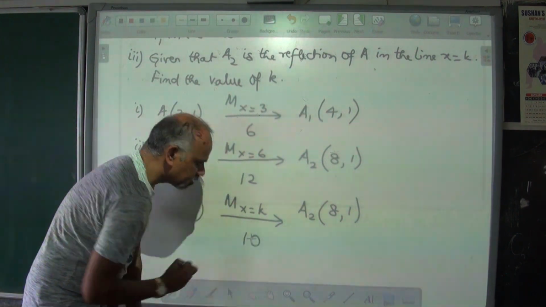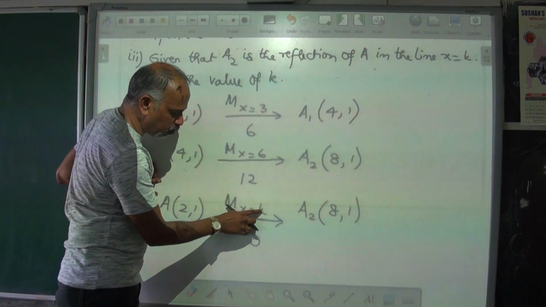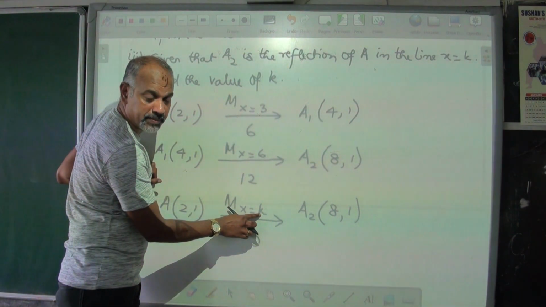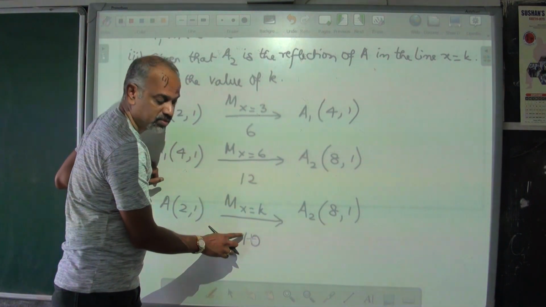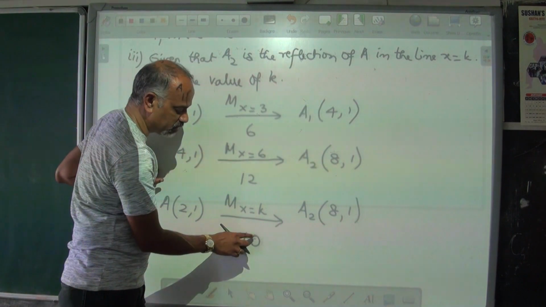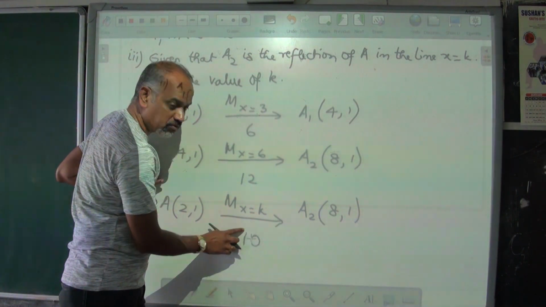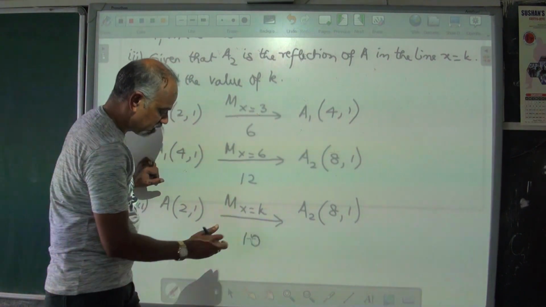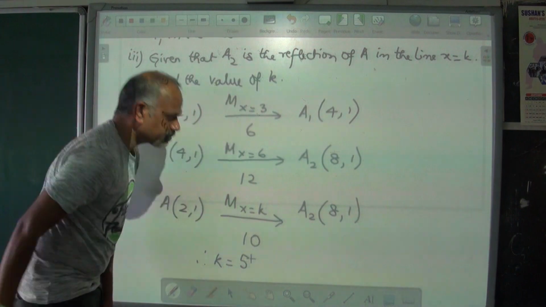And this 10 is also the double value of what was supposed to be there. So double of what is 10? That's double of 5. Therefore x = k is actually x = 5. Therefore, k is equal to 5.